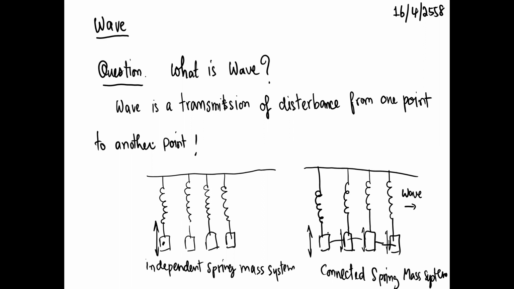And that ripple is going to spread out in the pool until it fills. So in a sense, the wave can be explained as a transmission of disturbance from one point to another.